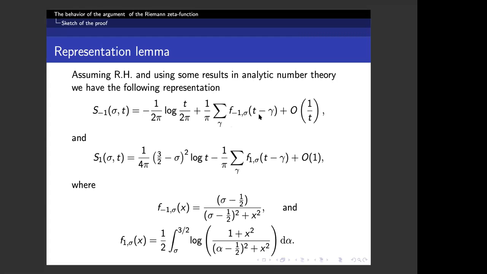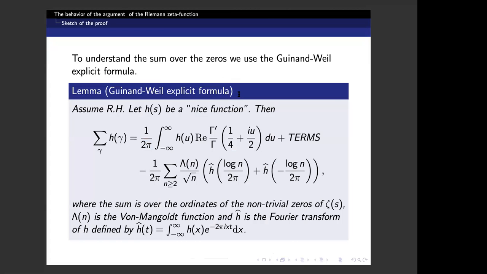To obtain the behavior of these sums, we have this explicit formula, the Guinand-Weil explicit formula. We assume the Riemann hypothesis in this case, and assume that you have a nice function h. When I say nice function, I mean an analytic function in some strip with some decay. Then you have this sum over the ordinates of the zeros of zeta of the function h evaluated at gamma.